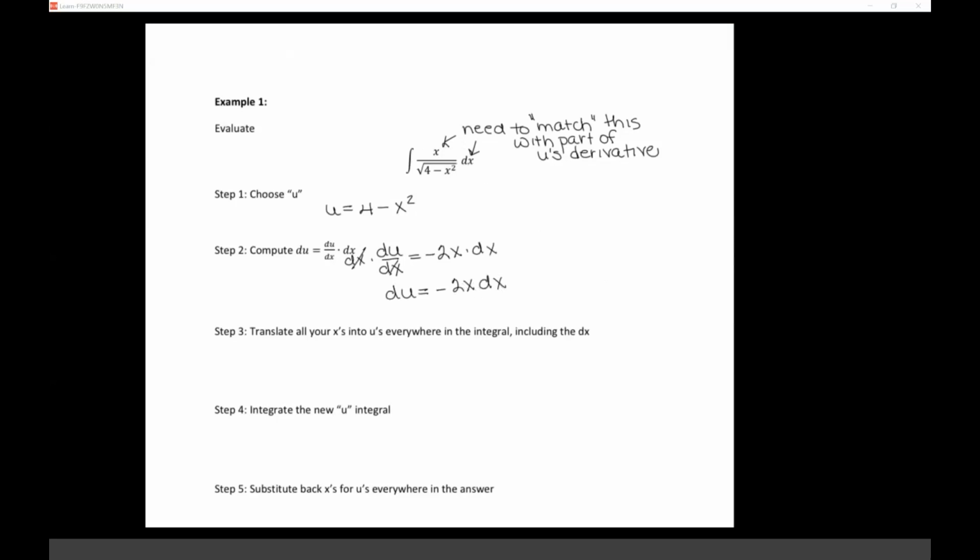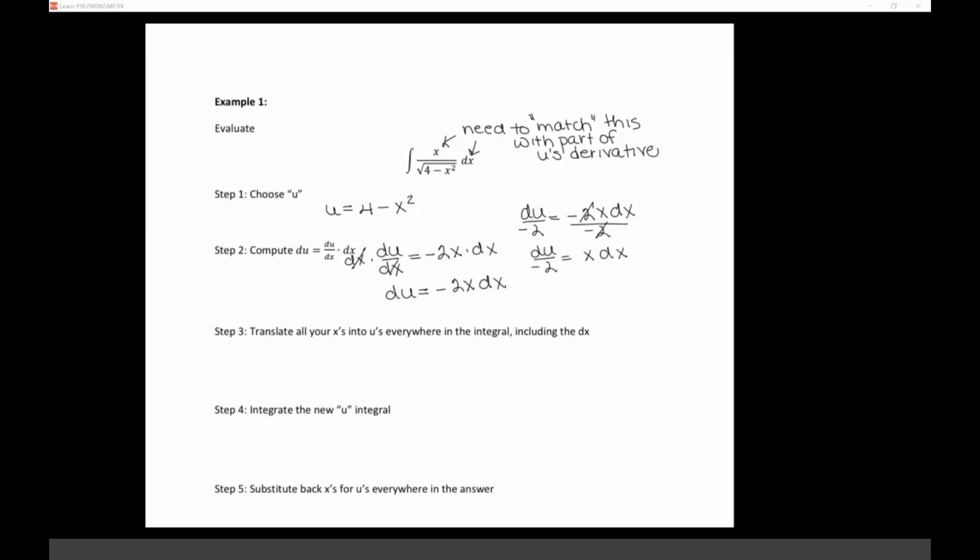Well, that's easy. I'm just going to divide both sides by negative 2. If I divide both sides by negative 2, it goes away on the right. And I have du over negative 2 equals x dx.